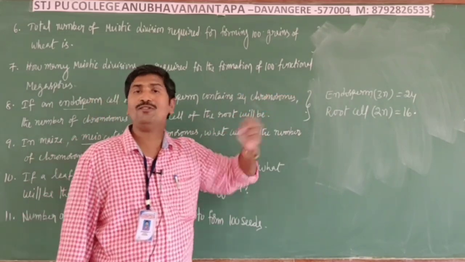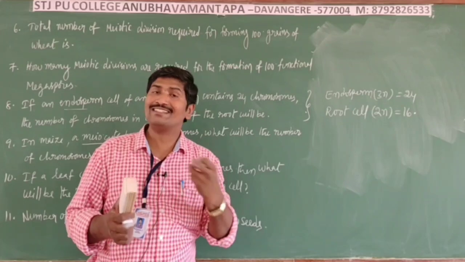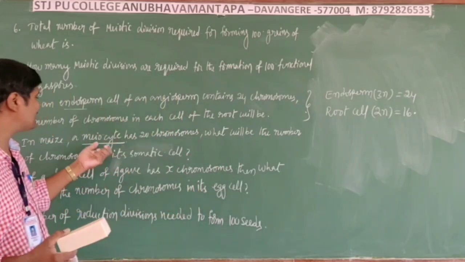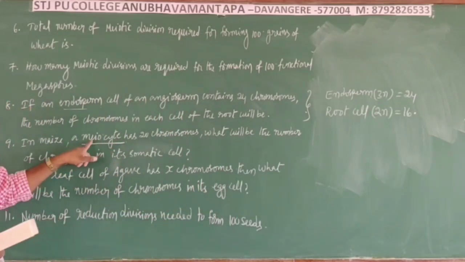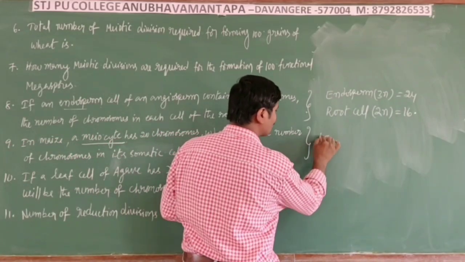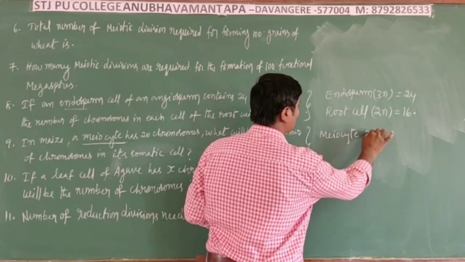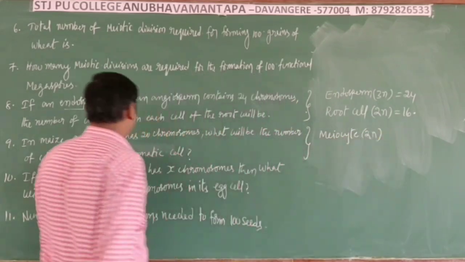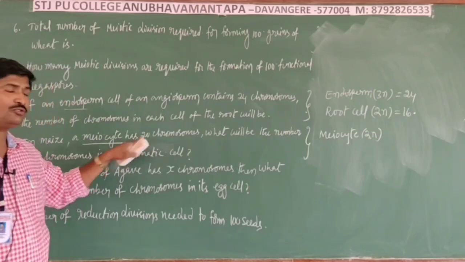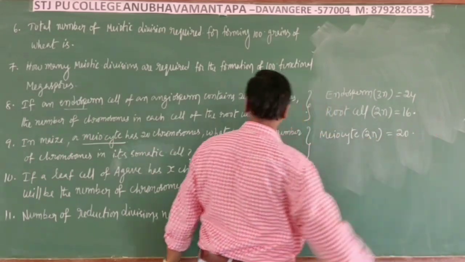These are all meiocytes. Meiocytes are diploid, ploidy is 2n. 2n has how many chromosomes? 20 chromosomes.